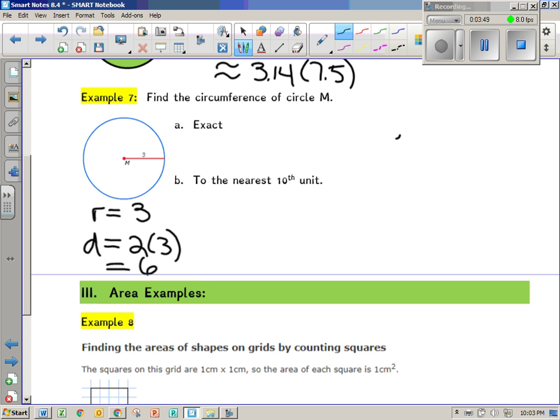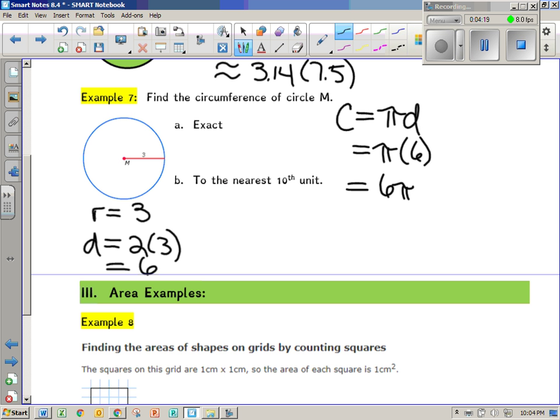So to get the exact value, we're still using our formula, and it's really a good practice every time you use a formula to actually write the formula down. That way, whoever's looking at your work, you or me, we know what you were actually thinking. So if I want an exact answer, I want to multiply pi times the diameter, and the best way to write that is 6 pi.